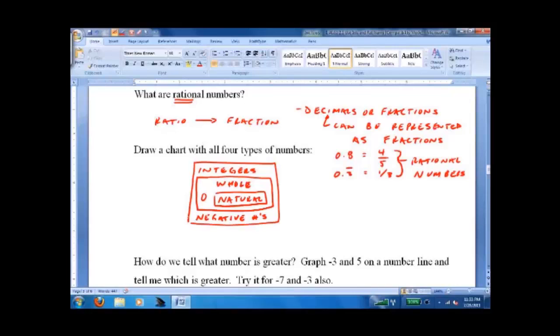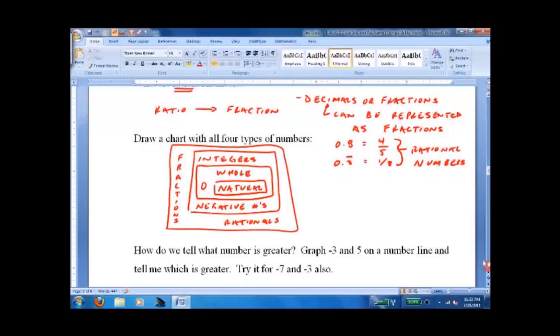And then we add basically fractions. That gives us the rational numbers. That's just a good way to think about them.